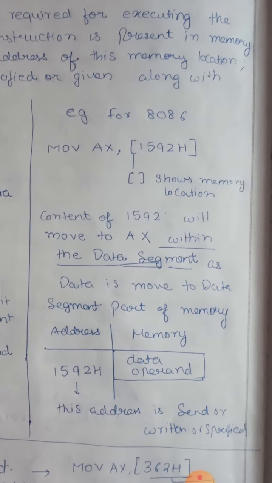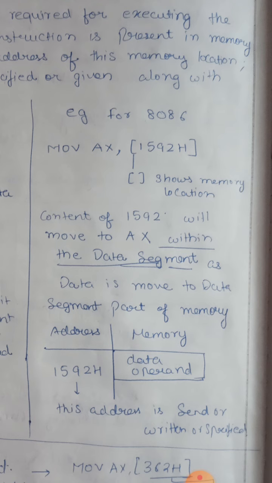The same applies to 8086. But the additional thing in 8086 is that we always place square brackets, which denote the memory location. Wherever any address has square brackets around it, it always shows a memory location.